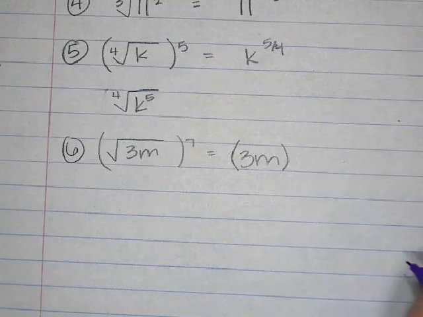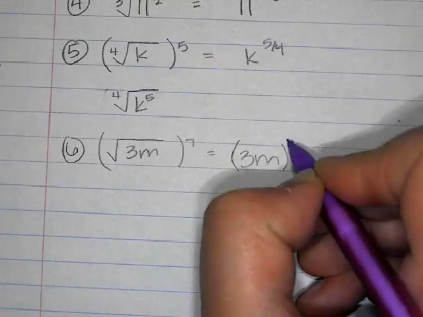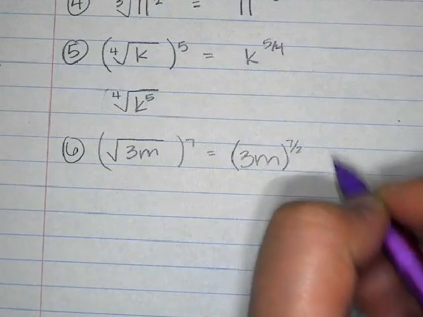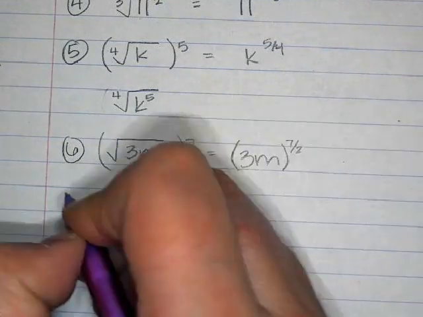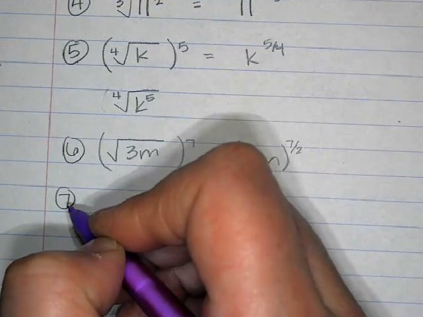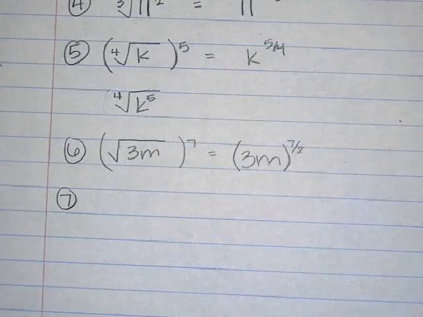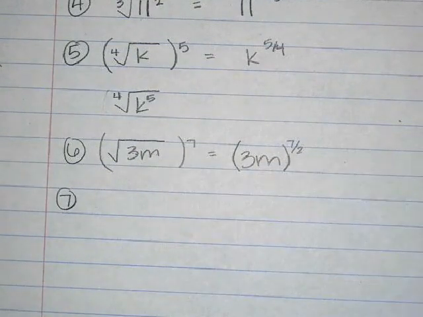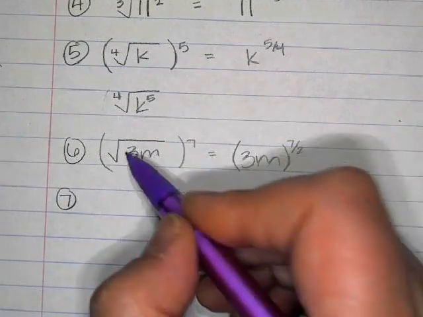So the radical is always the bottom part. The type of radical is always the bottom. Because both of these were underneath the radical, they both get the exponent.